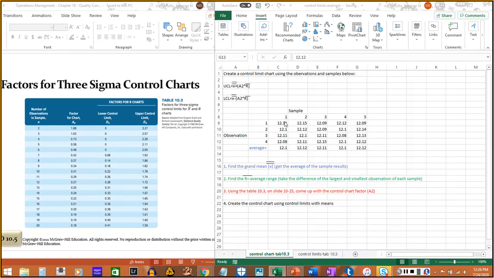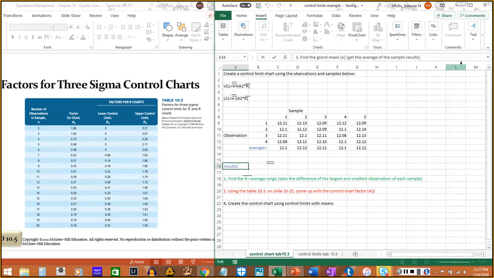After you get the averages of each sample, you add these up and get the average of that, and it looks like it's 12.11 based off of what Microsoft Excel is telling me. So we have our grand mean, which is equal to 12.11.